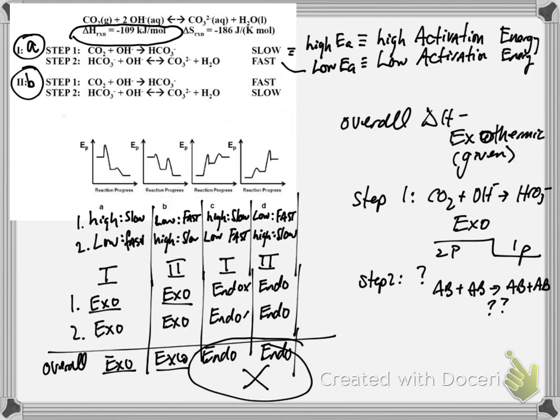And so we would assign Roman numeral 1 to letter A because it has the right exothermic and it's slow, fast. We would assign Roman numeral 2 to energy diagram B because it has the fast, slow, exothermic, and exothermic. So that's how we would use this information to pick the 2 energy diagrams, one for Roman numeral 1 and one for Roman numeral 2.